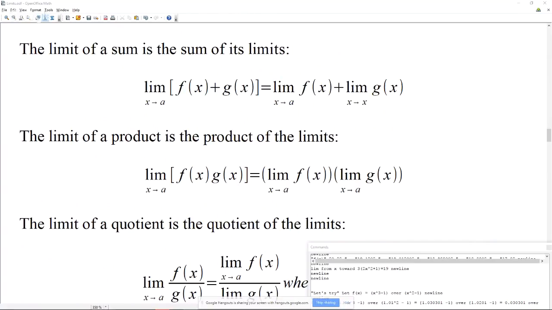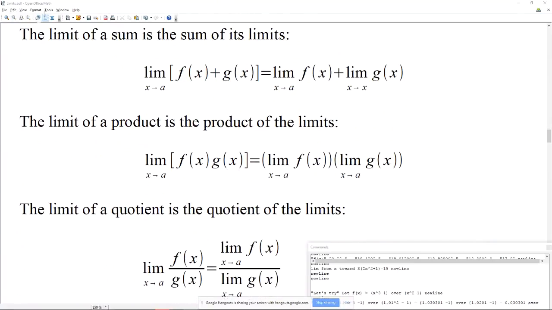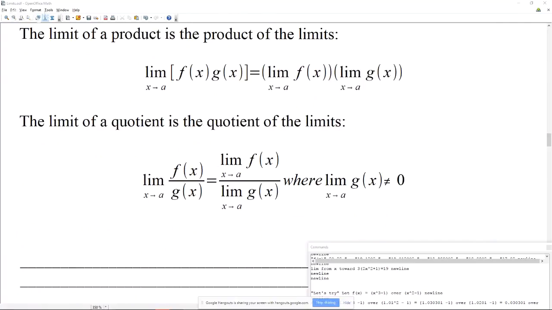So the next one, obviously, we have to worry about what happens when we have a quotient. In this particular quotient, the limit as x approaches a of f of x over g of x is the same as the limit of f of x over the limit as x approaches a of g of x.